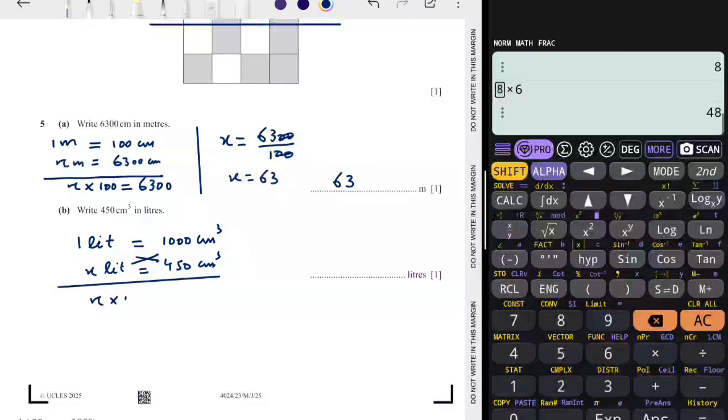X times 1000 is equal to 450. So X is equal to 450 divided by 1000. So 0 will cut by 0. 0.45 would be the answer. Next question.